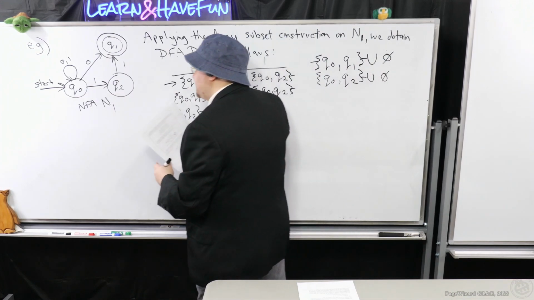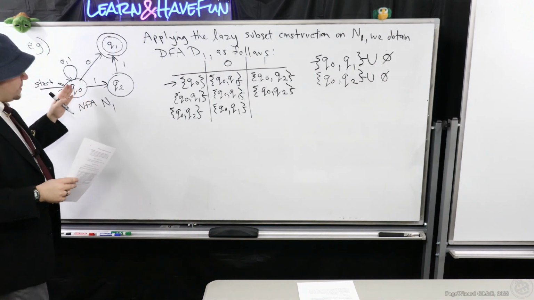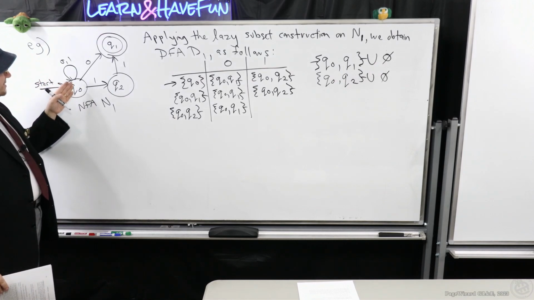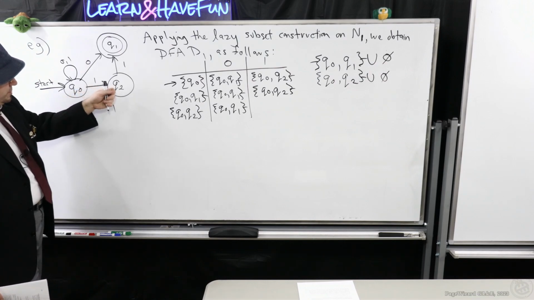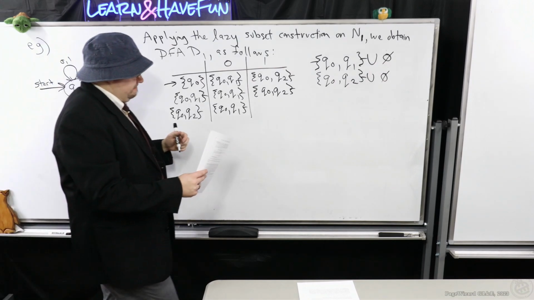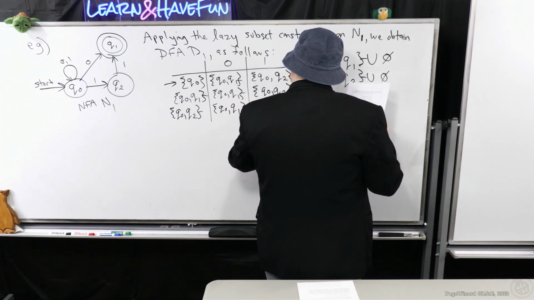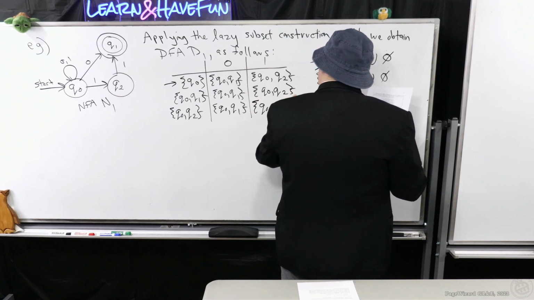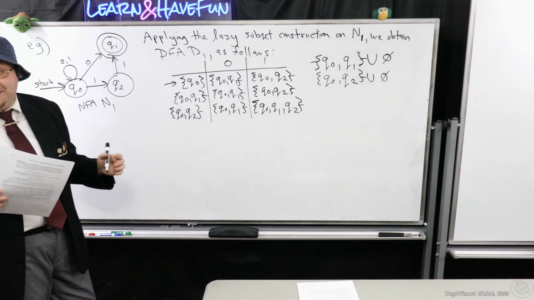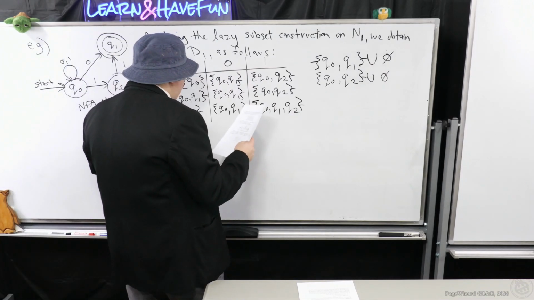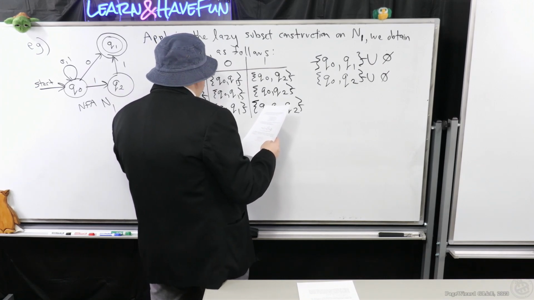However, on a 1, Q0 stays in Q0 but also goes to Q1. But also, if it's in Q2 on a 1, it goes to Q1. So that means it actually will include every one of the states. Naturally, I've just discovered another state for which there isn't a row: Q0, Q1, and Q2.